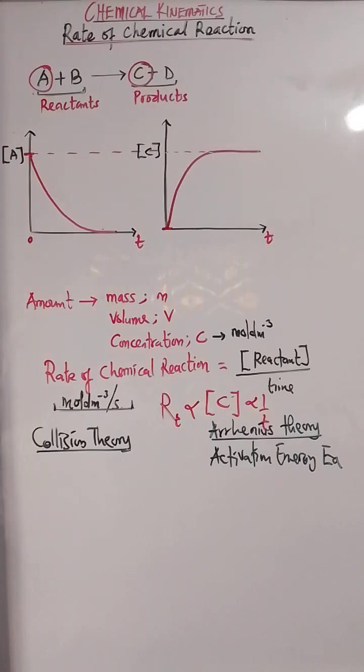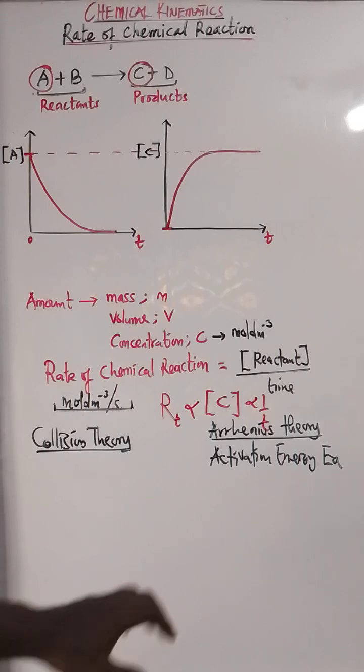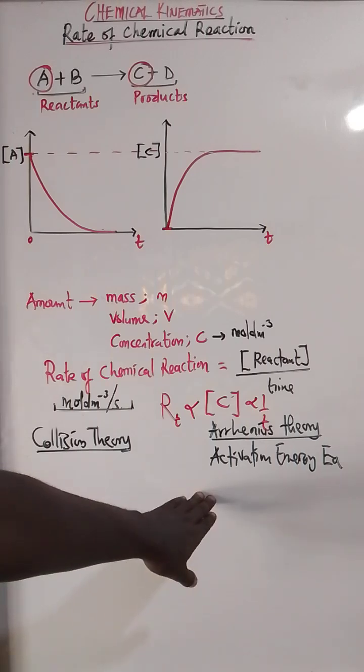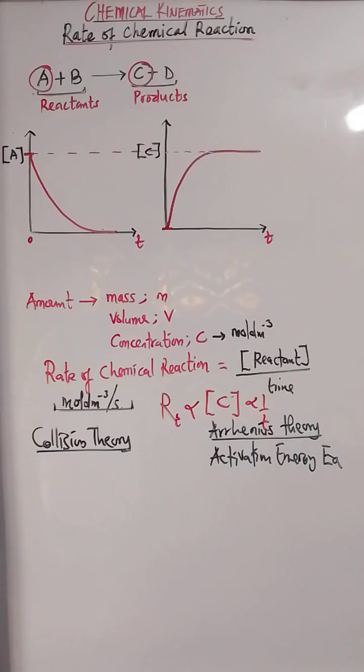So if the colliding molecules of the reactant, their kinetic energy, which can link to speed and frequency of collision, is not up to the minimum required energy called activation energy, the reactant cannot transform to product.